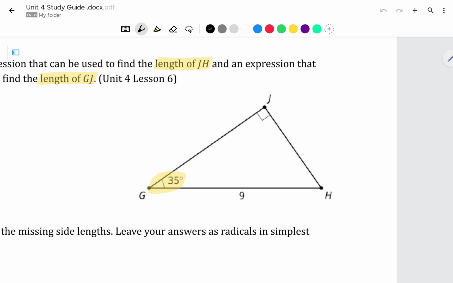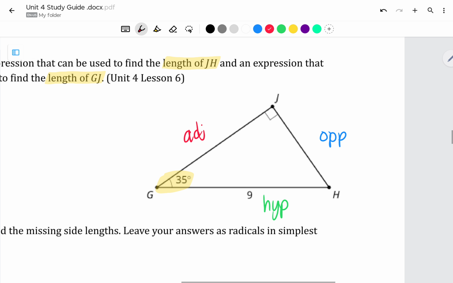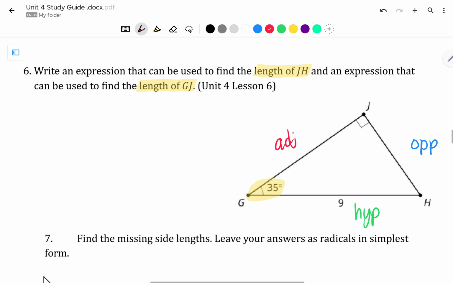From 35 degrees, opposite, hypotenuse, adjacent. Let's find GJ first, right? GJ is adjacent over hypotenuse. Let's call this X, let's call this Y. Adjacent over hypotenuse, that's cosine.